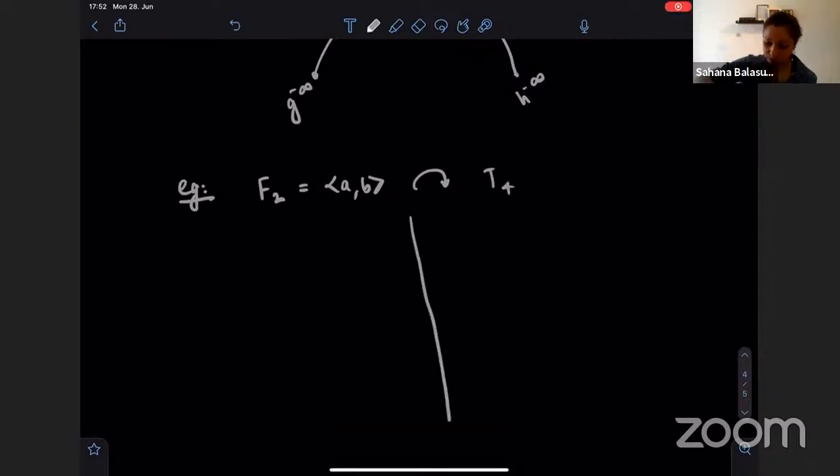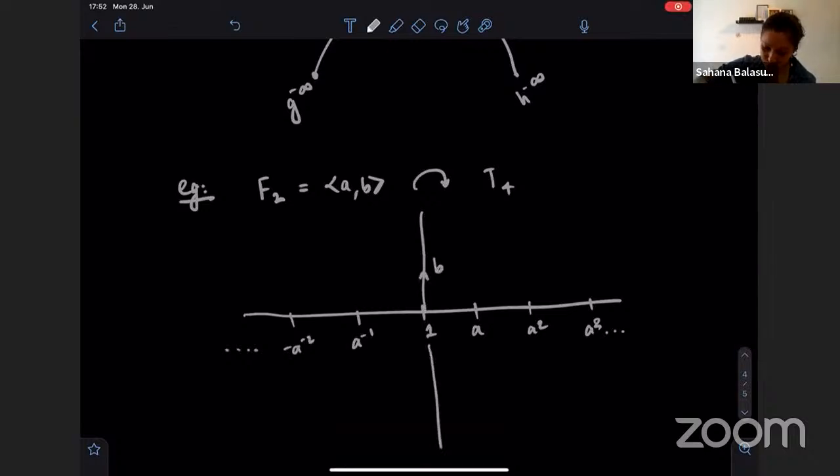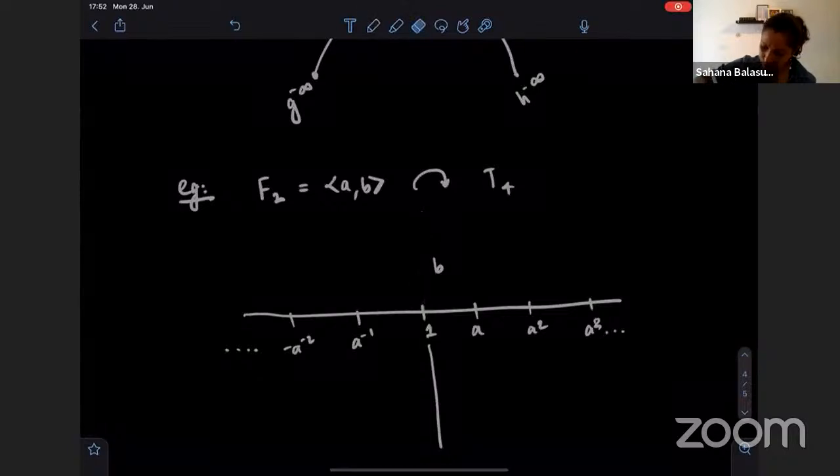So you've got powers of A that move you in one direction, and you've got powers of B that move you in the other direction.